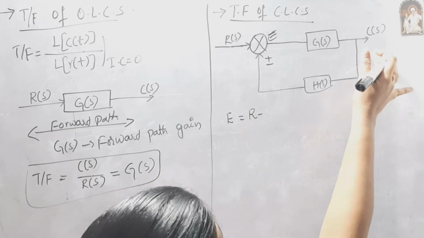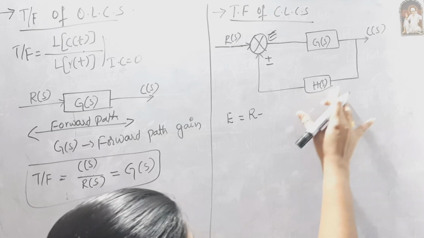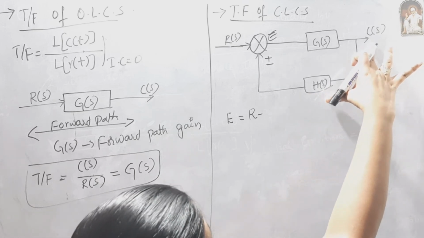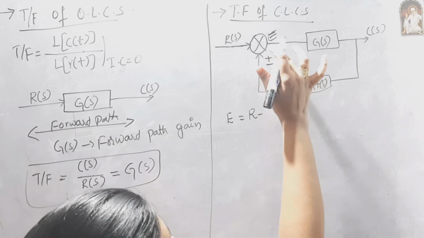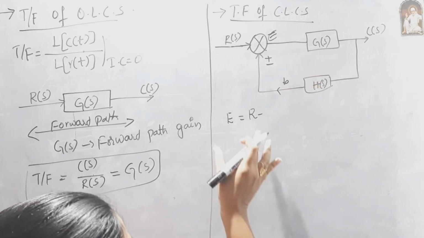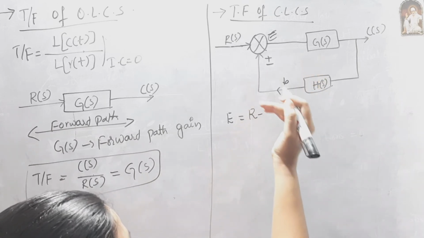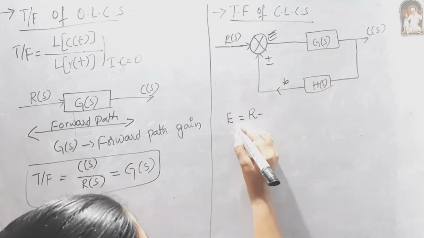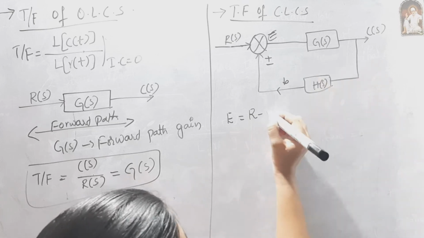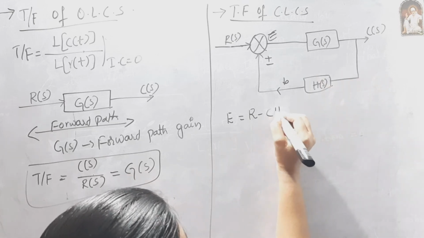Because the output signal is measured by feedback. The product of output and feedback is a signal, and the feedback signal is sent to the comparator. So the error signal is E equals R minus C into H.